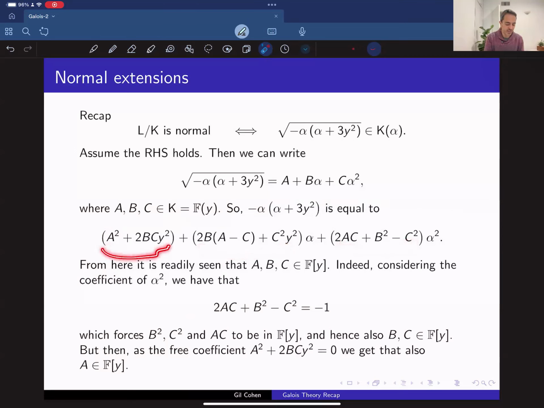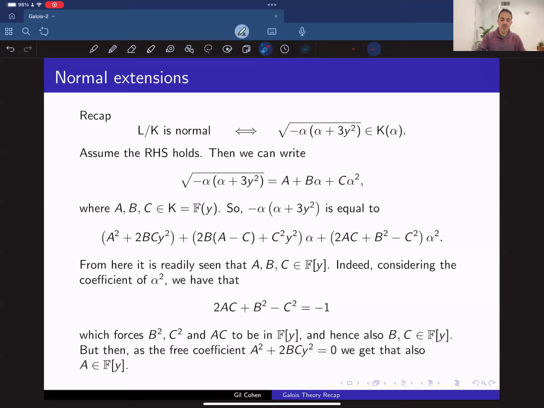The free coefficient in terms of alpha turns out to be a squared plus 2bc y squared. That's not hard to see. A squared is you multiply this by itself, and the 2bc comes because of the modding out by alpha cubed. We need to do it for a second, but trust me, I double checked. The coefficient of alpha is this expression, 2b times a minus c plus c squared y squared, and the coefficient of alpha squared is 2ac plus b squared minus c squared.